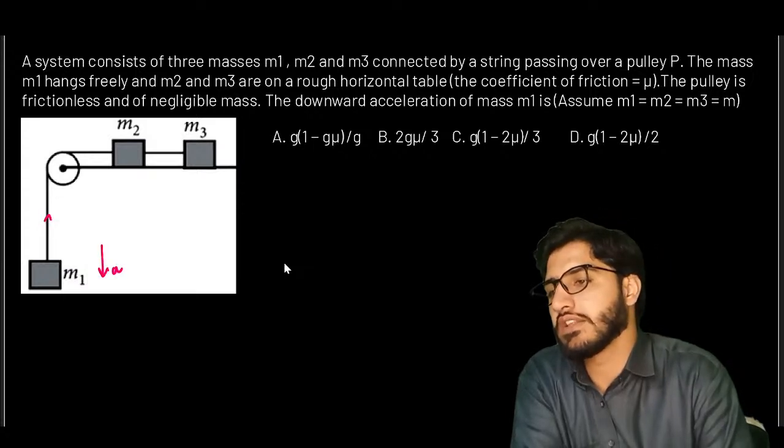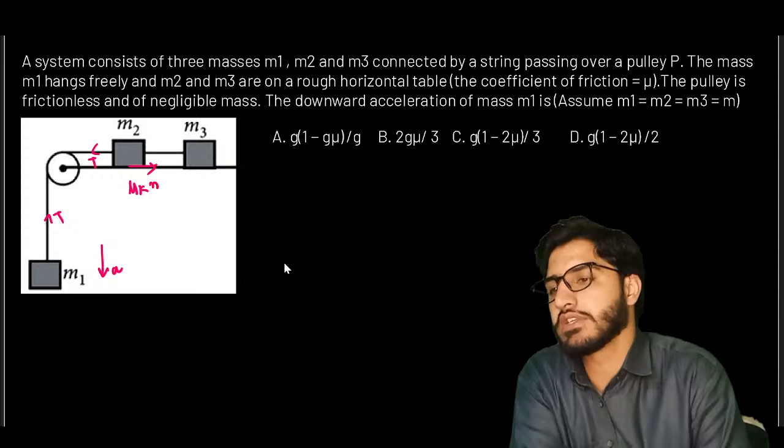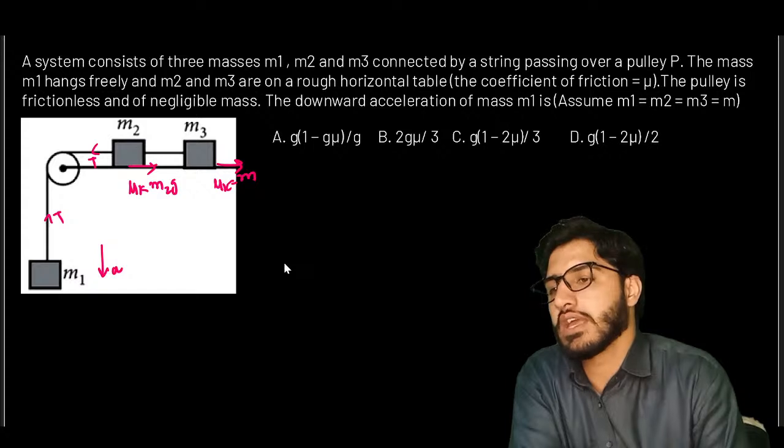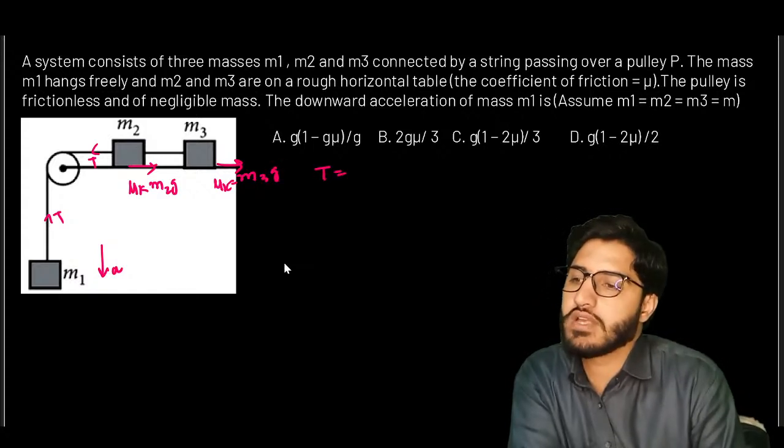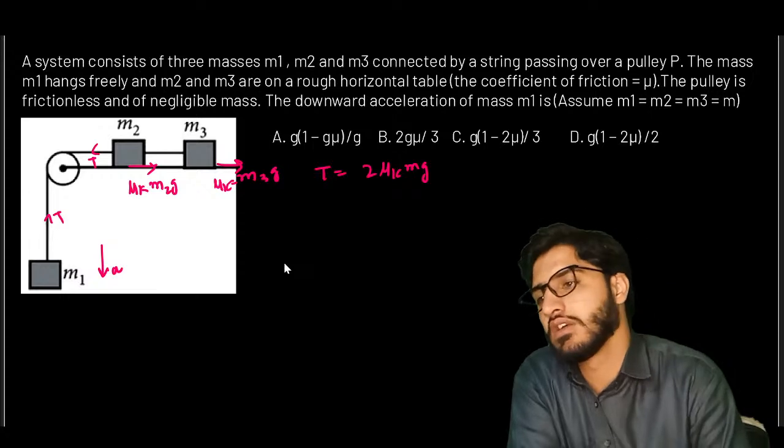So if it is A, this is tension T. Tension T should be nu K N, where N is M2G. Nu K, it will be how much? That is friction force, no? Nu K M3G. So T equals, M2 and M3 are the same mass, right? So can I write 2 times nu K mg? Yes.